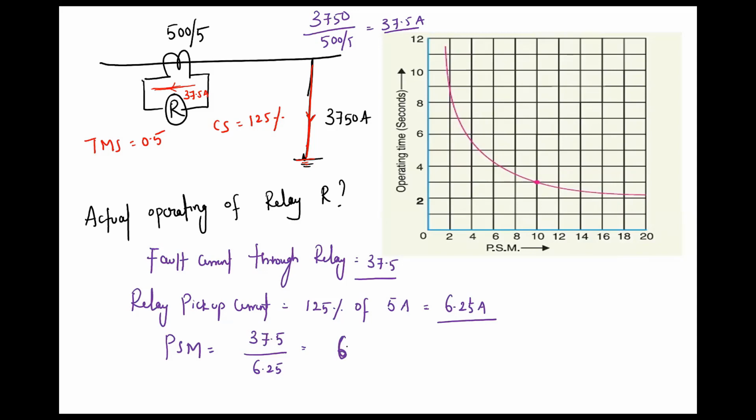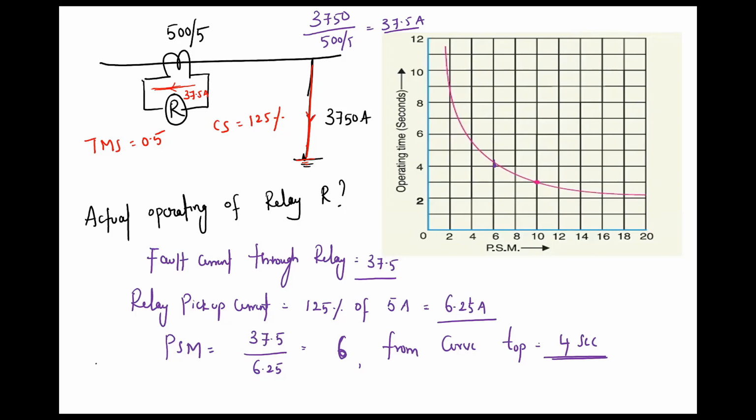So I'll go to the curve. For PSM equal to 6, what is my operating time from the curve? 4.1. Let us take 4. Let us make our life easy. So from the curve, my operating time is 4 seconds.